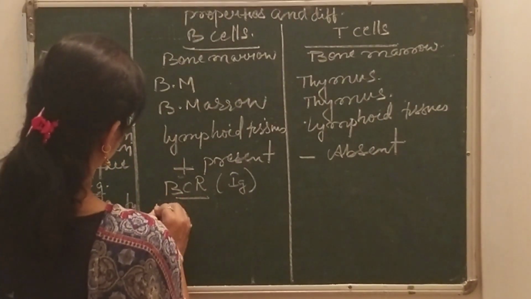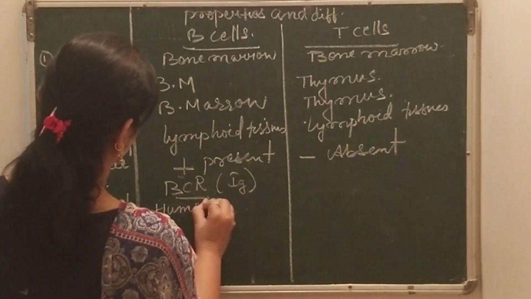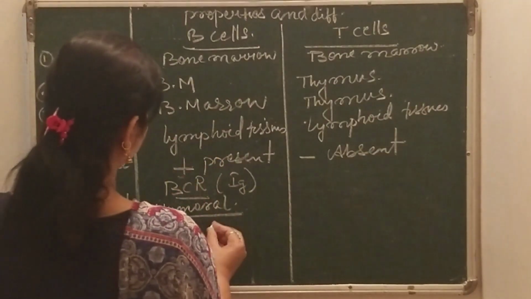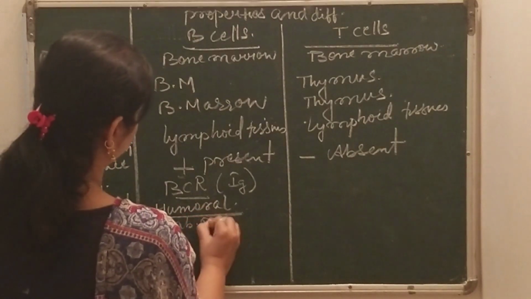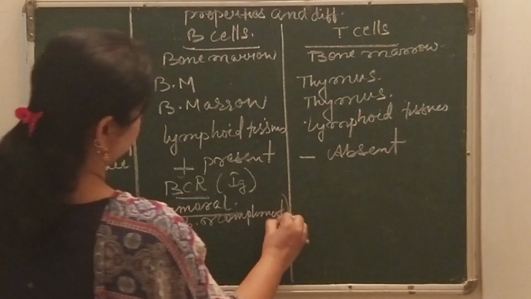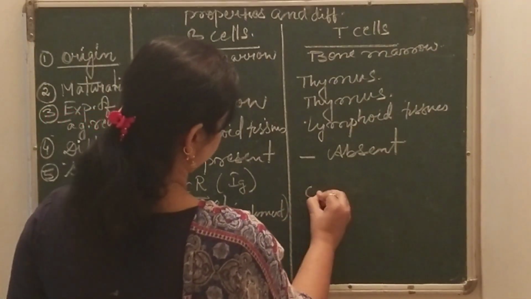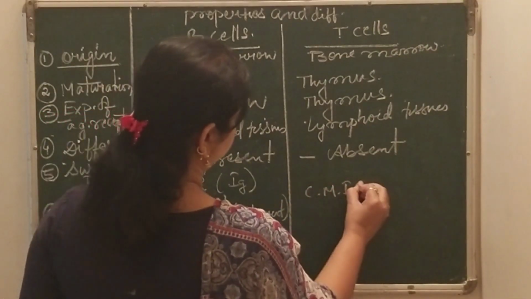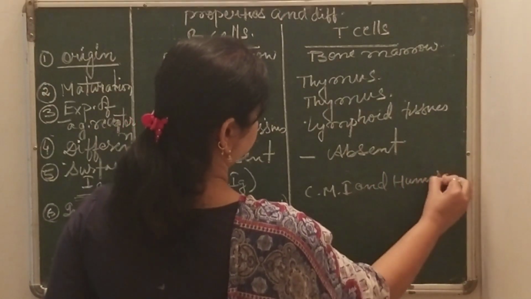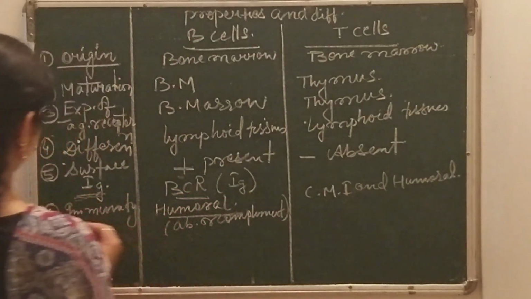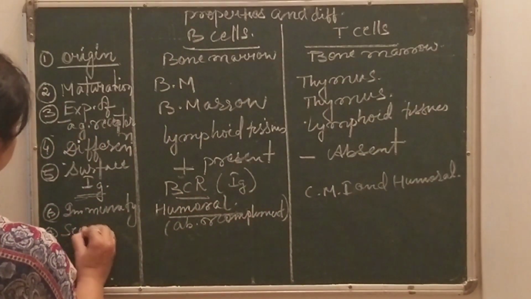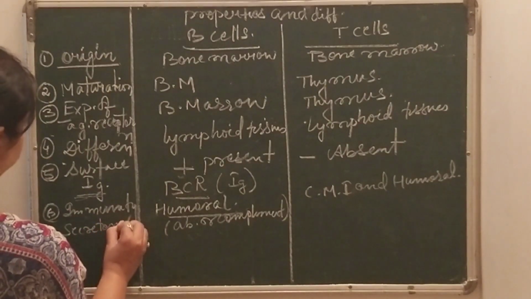B cells show humoral mediated immunity, antibody or complement mediated, and T cells show cell mediated immunity and humoral immunity as well.